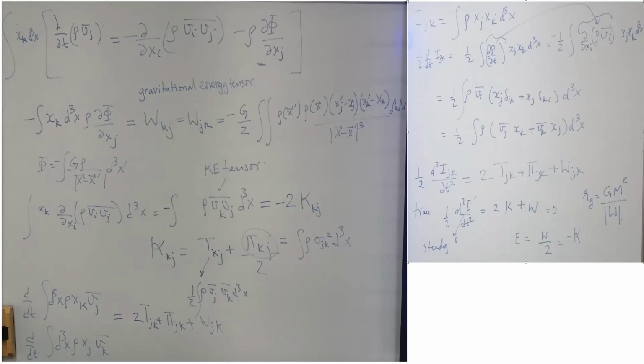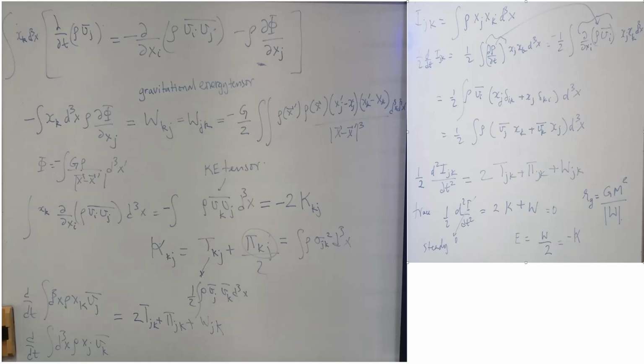Got it? Now you can see kj and jk; this is manifestly symmetric. Here it's not obvious. If you have this double integral and do this trick of interchanging x and x prime, you get this. This is the gravitational energy tensor, so we have taken care of this term.